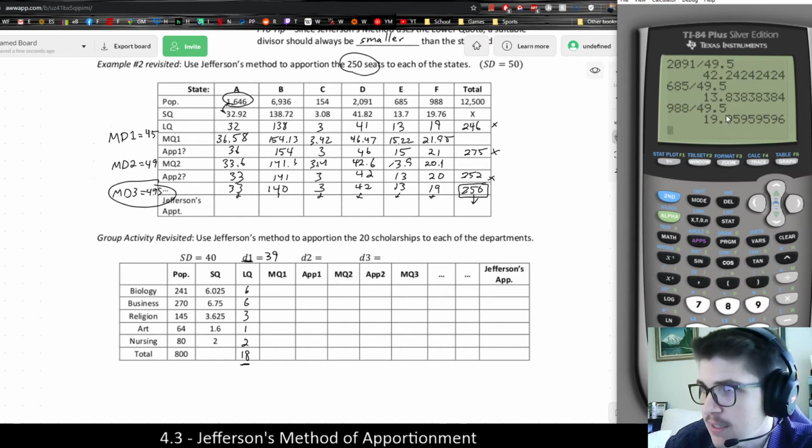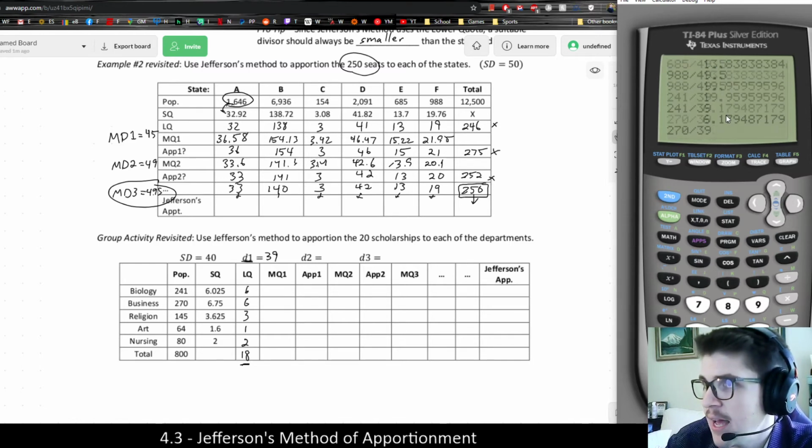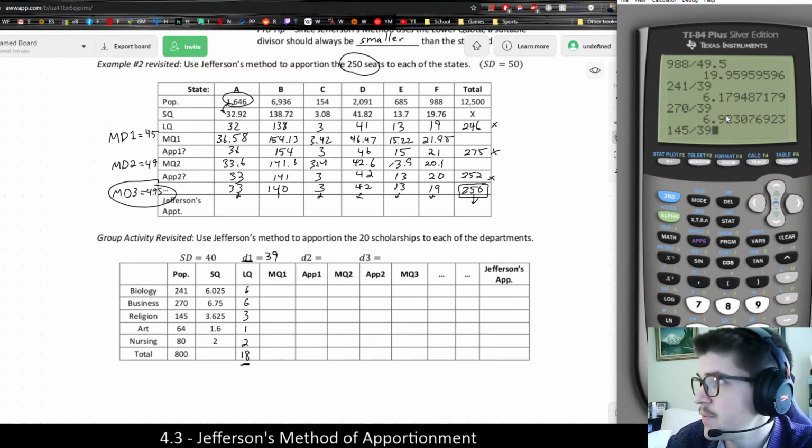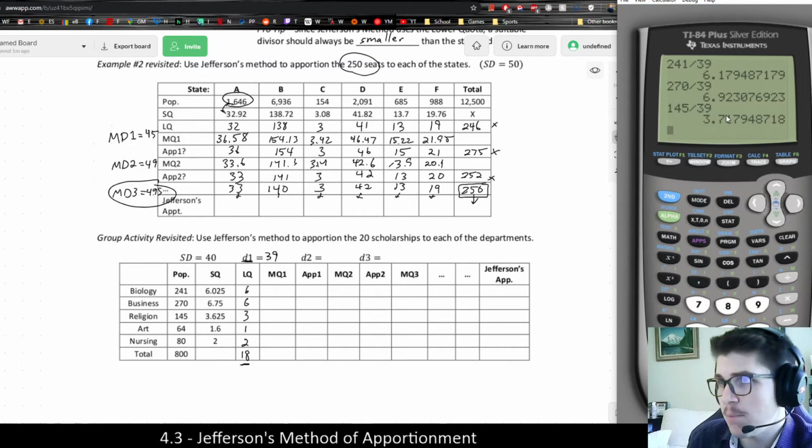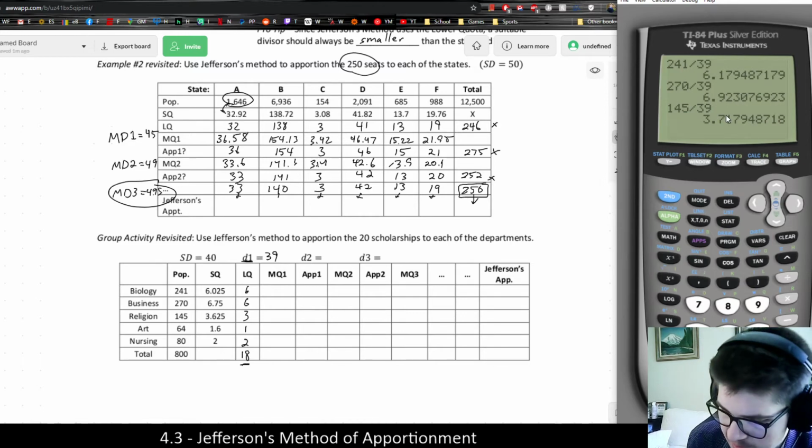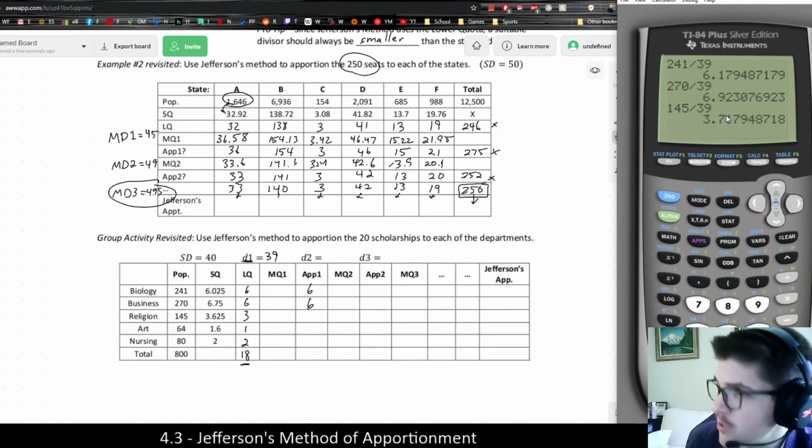But let's go ahead and calculate each of the lower quotas. So again, I'm just going to do them all using my new guess, 39, and I'm just going to write down only the lower quotas in each case. So biology would still have 6, business would also have 6, religion would have 3.